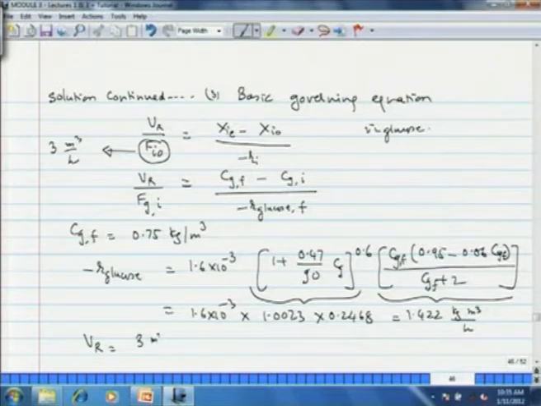So, 3 meter cube per hour into final minus initial, 0.75 minus 15, divided by minus Ri, because R minus Ri, so we absorb the sign here, 1.422, and then the VR turns out to be 30 meter cube.